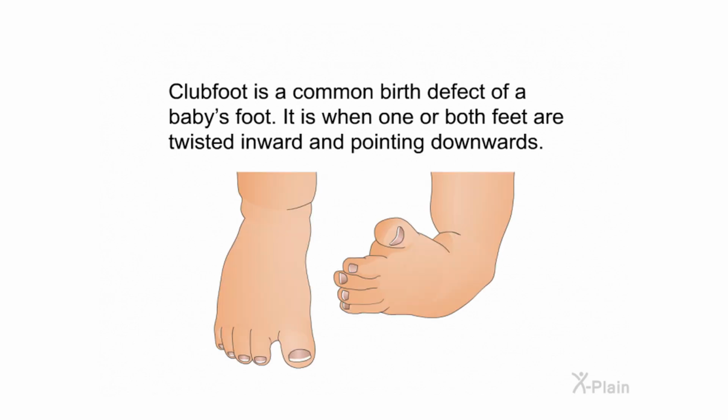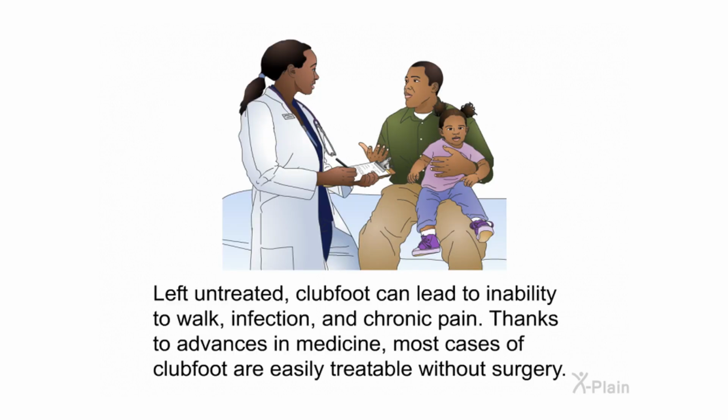Summary. Clubfoot is a common birth defect of a baby's foot. It is when one or both feet are twisted inward and pointing downwards. Left untreated, clubfoot can lead to inability to walk, infection, and chronic pain. Thanks to advances in medicine, most cases of clubfoot are easily treatable without surgery.